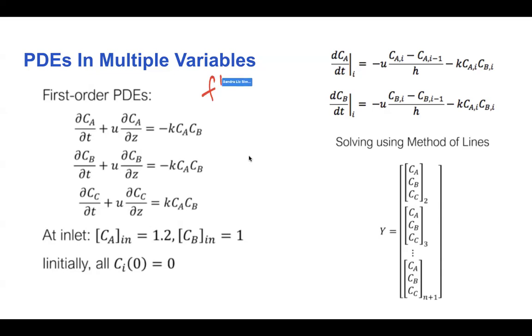F triple dash is basically d cube by dx cube of F. This thing, how we used to solve the second order is we have to convert that into two first order PDEs. This thing you can convert into, let me say that d square F by dx square is equal to y.